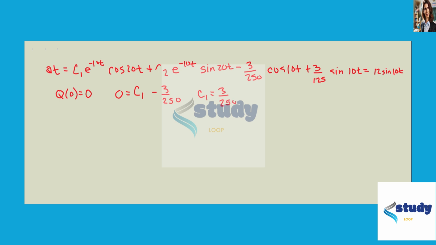So now I have to take the derivative because I know that Q prime of 0 equals 0.